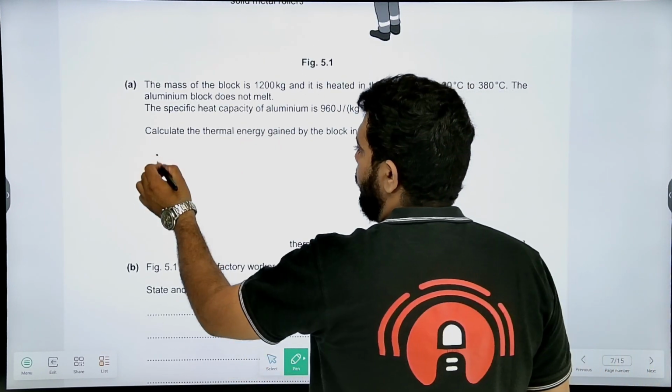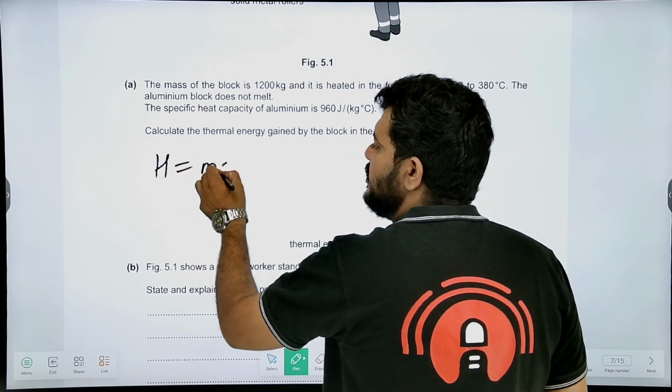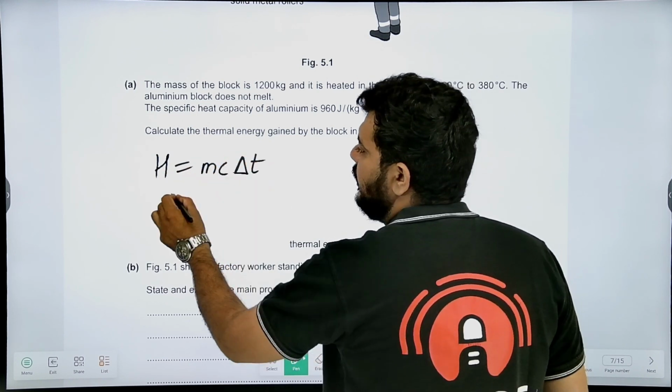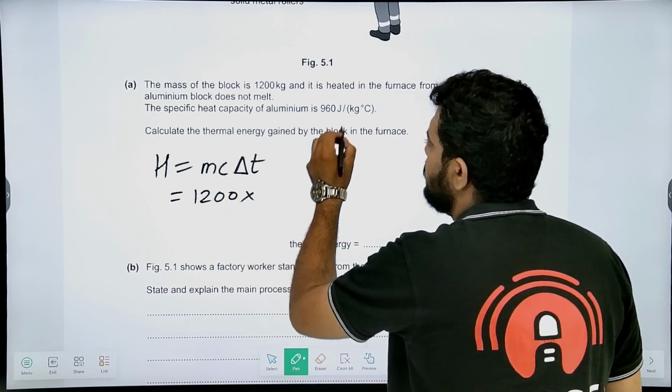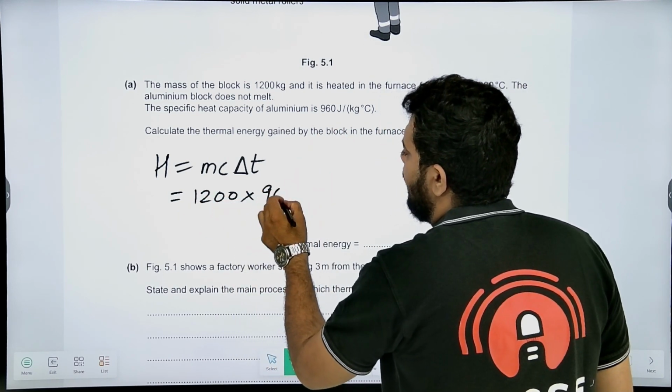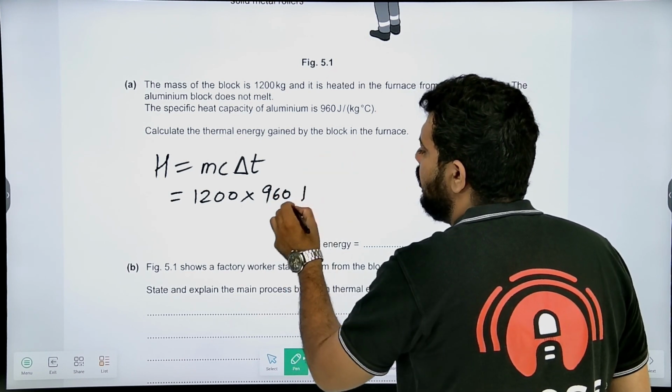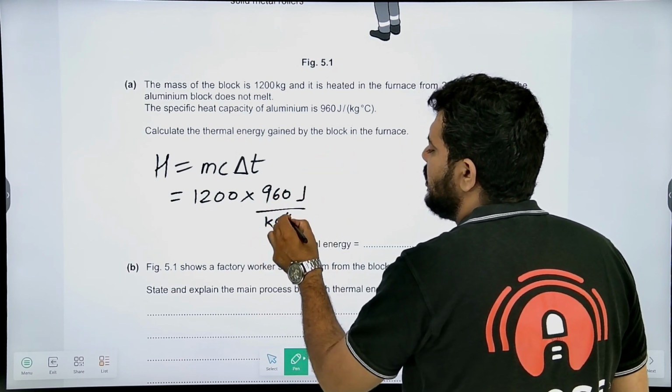So the formula is H is equal to mc delta T. What is the mass of the block? 1200 kg. What is its specific heat capacity? 960 joule per kg degree Celsius, right?